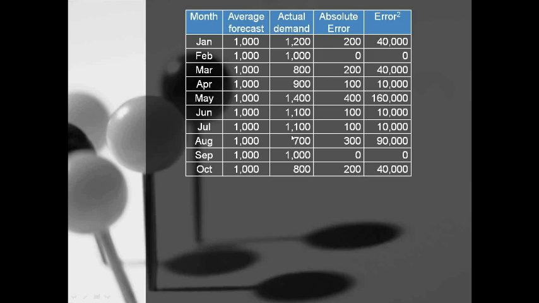All right, so here we have some information for a 10-month period of time, the forecast which came out of our sales and marketing folks, and the actual demand. If we look at the actual demand and relate it back to the picture of the family get-together, the actual demand would relate to the actual heights of all the people that came to that family reunion.